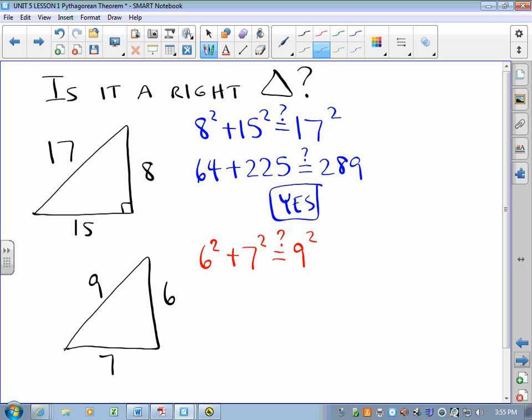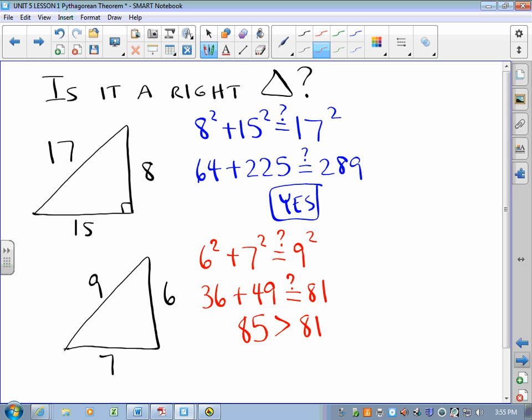And so I ask myself, what is the relationship between 36, 49, and 81? Well, the left side, this comes darn close. The left side is 85, and the right side is 81. 85 is bigger than 81.